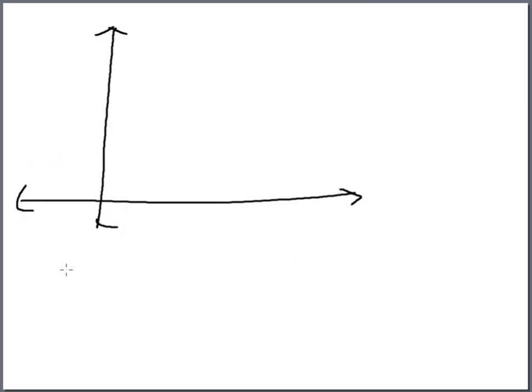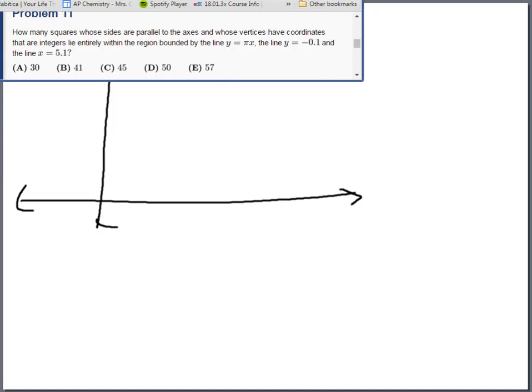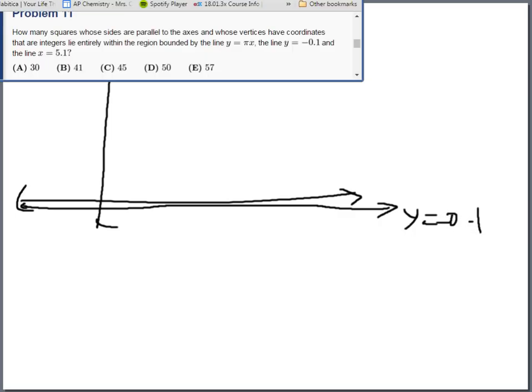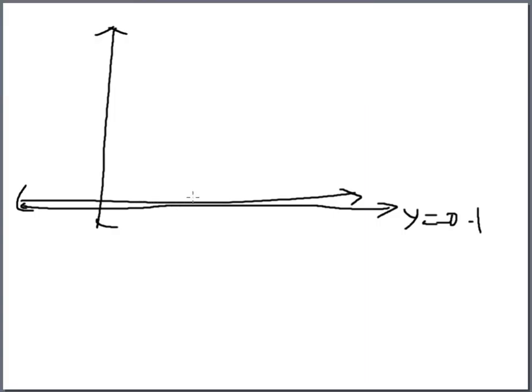So I can try and sketch this out. I'm not good at making actual sketches, but it should look something like this. It should approximately be around here, this y equals negative 0.1. And x equals 5.1, let's say it's right over here.